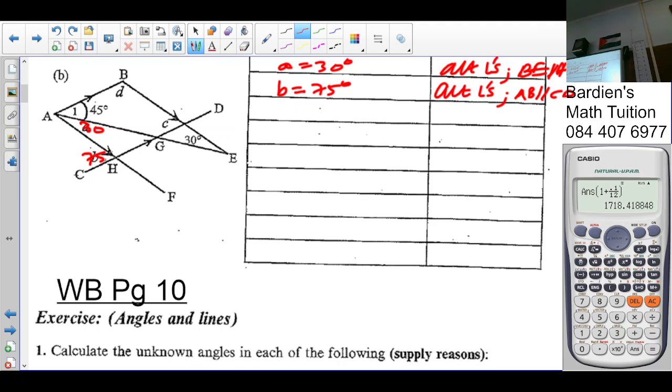You see that 75 degrees? Yes. Why? So you also didn't calculate C at this stage. You first calculated D and then C. Yes, that's one way of doing it.